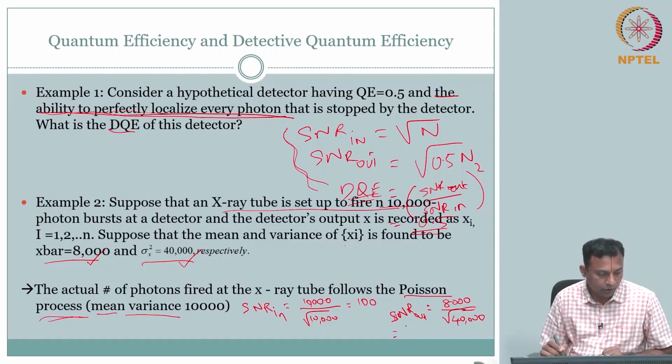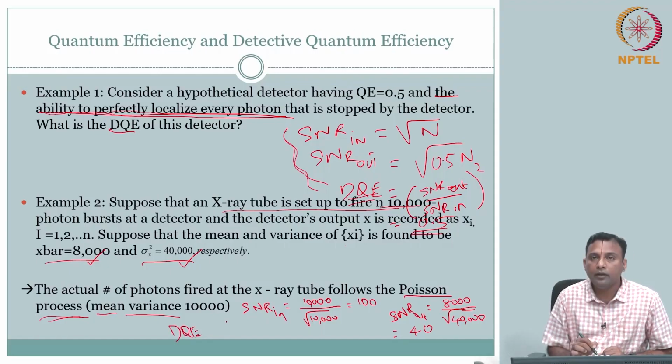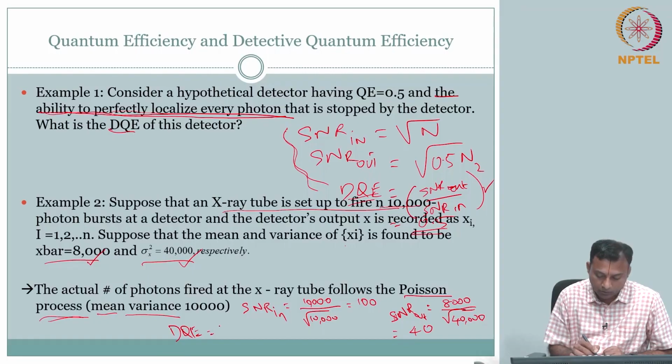What is that? That is going to be some 40. So what is your DQE? DQE is SNR out by SNR in, the whole squared. So in our case it is going to be 40 by 100, the whole squared, which is 0.16.